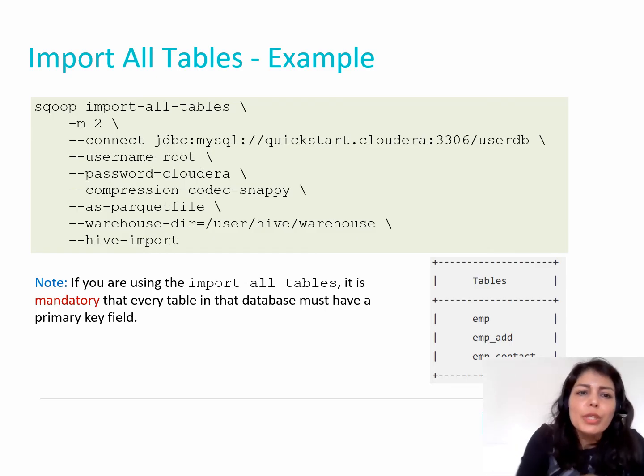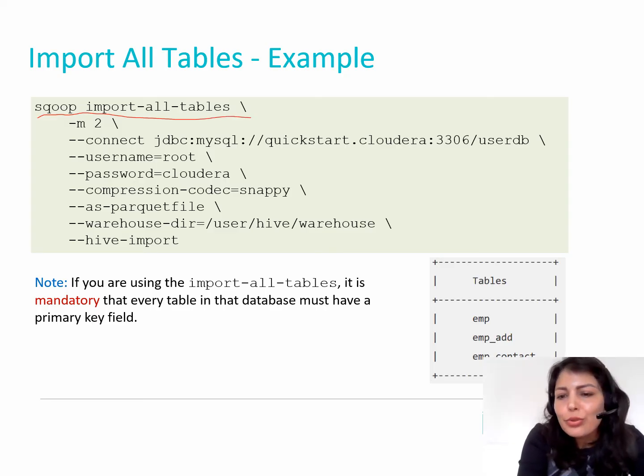So we use Sqoop import all tables. You don't need to write a table name because all the tables will be imported, and m 2 as before. Connect to the database, and the other parameters are the same as before.